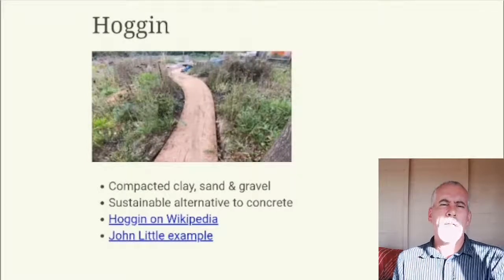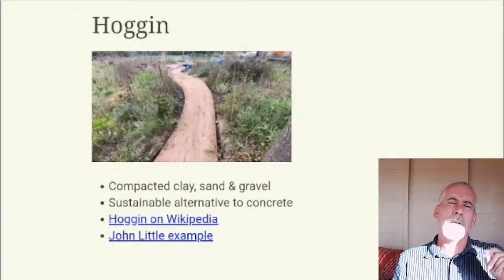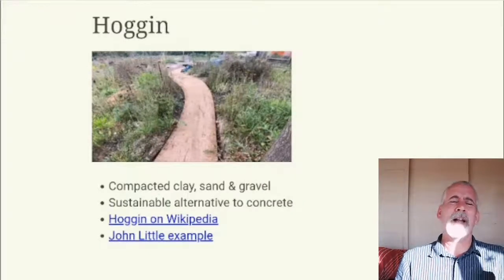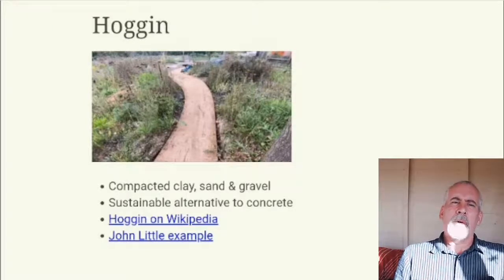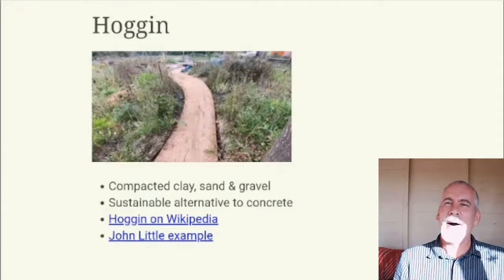So, hogging path. This is a screenshot from John Little, Grass Roof Company. He's a brownfield gardener and a hole digger, and I love his work because he's got ornamental gardens, and he's using waste material like brick rubble, and he had a pile of sand or some gravel, and he's made a hogging path.